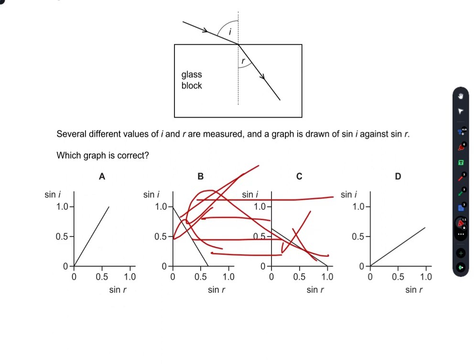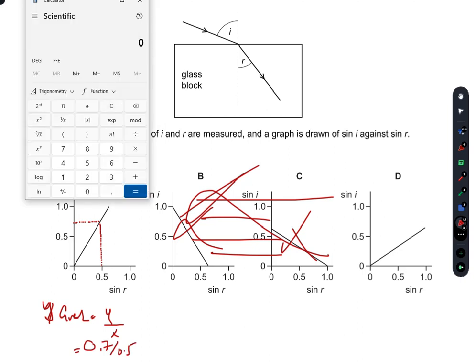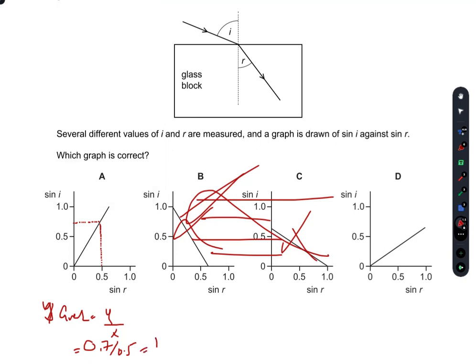If I want to check the values here at 0.5 of sine R, we have approximately sine I equal to 0.7 or 0.75 here, and using the gradient equal to y over x, so that is 0.7 over 0.5. So 0.7 divided by 0.5 is 1.4.